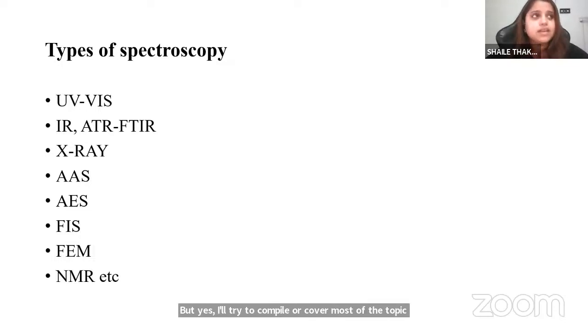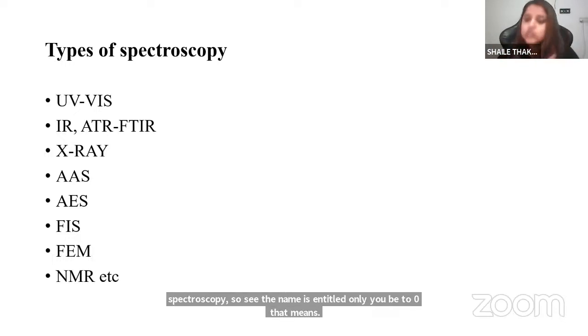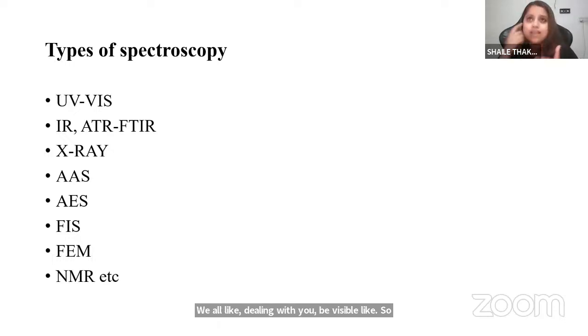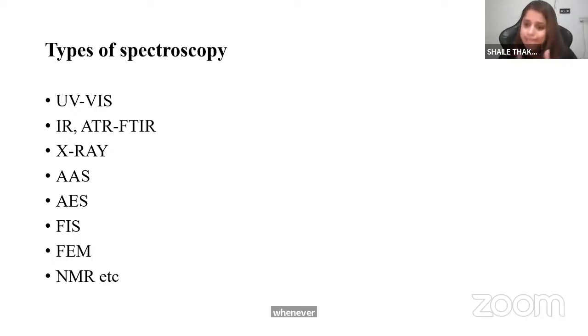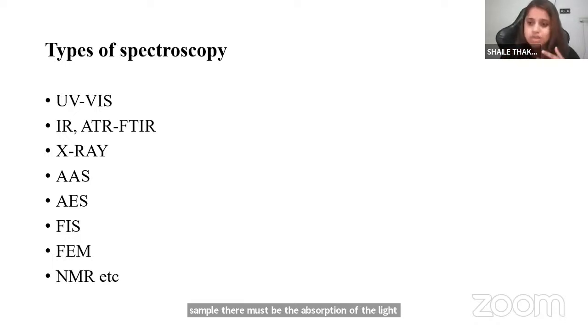Okay. So basically, you all have heard about UV visible spectroscopy, right? Whenever we are talking about UV visible spectroscopy, see, the name is entitled only UV visible. That means we are dealing with UV visible light. So whenever the ultraviolet light comes in contact with the sample, there must be absorption of the light because of the concentration present in the sample, and some light gets transmitted, right?